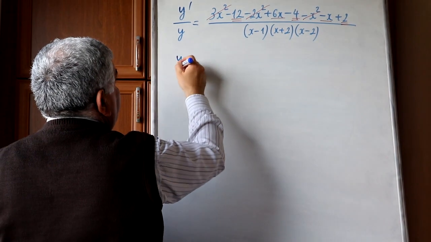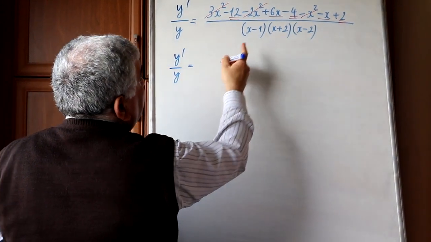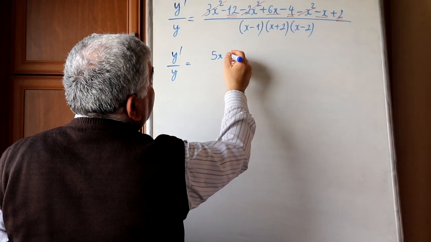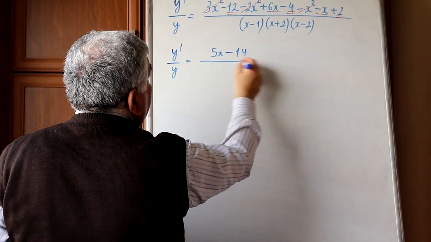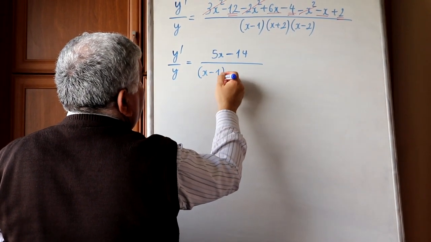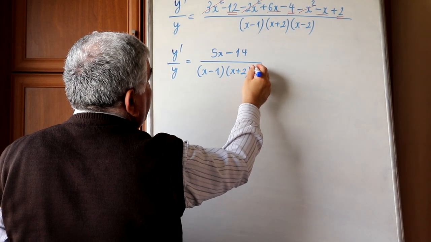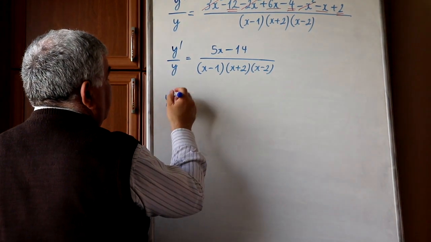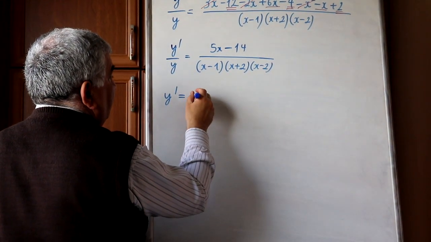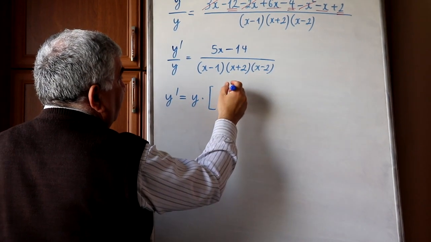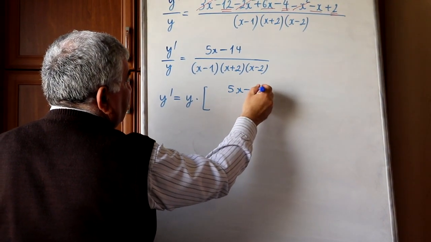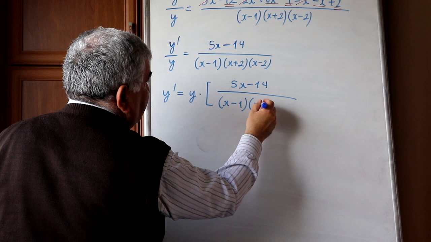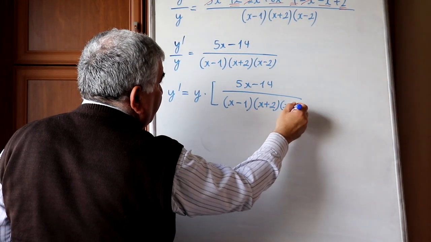Then y prime over y equals 5x minus 14 over x minus 1 multiplied by x plus 2 multiplied by x minus 2. Then write y prime equals y multiplied by 5x minus 14 over x minus 1 multiplied by x plus 2 multiplied by x minus 2.